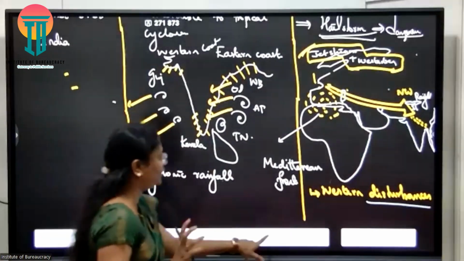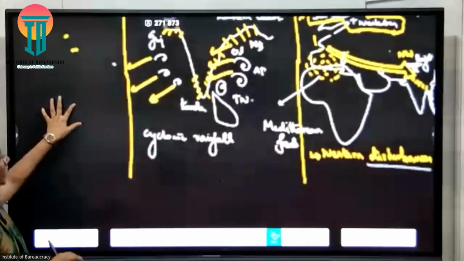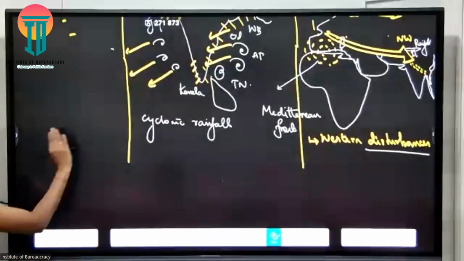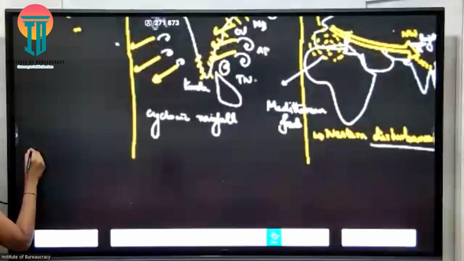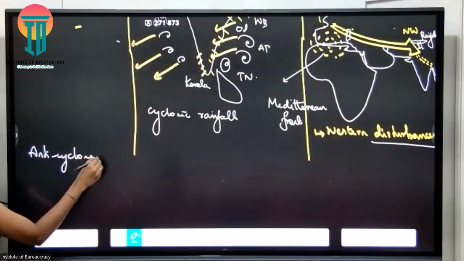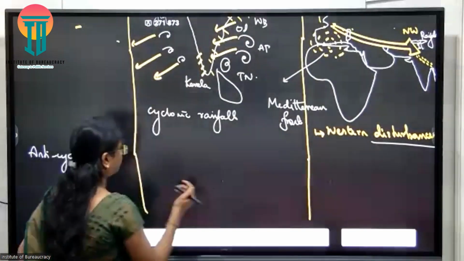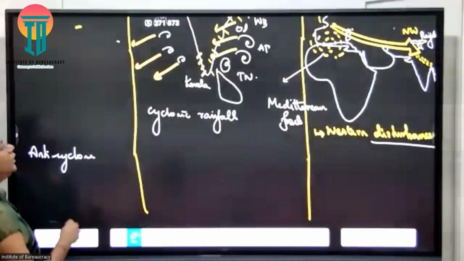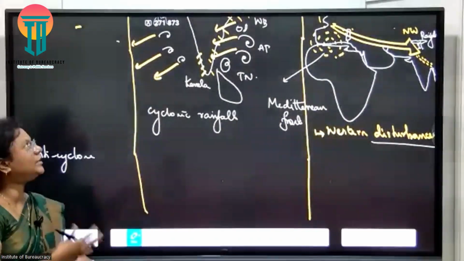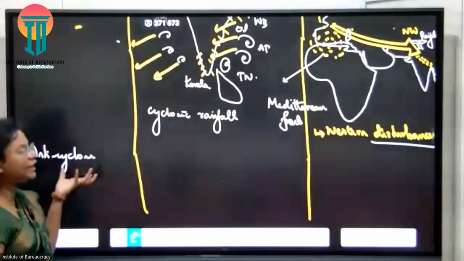Okay, இன்னும் ஒரே ஒரு aspect. Give the heading anticyclone. Means criteria is anticyclones. Okay. Anticyclones na whenever a tropical cyclone occurs, it is not necessary that an anticyclone should follow.